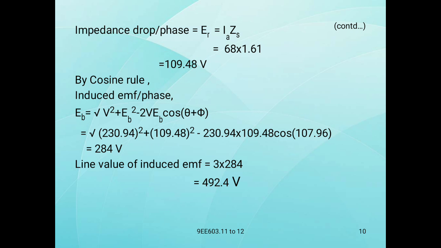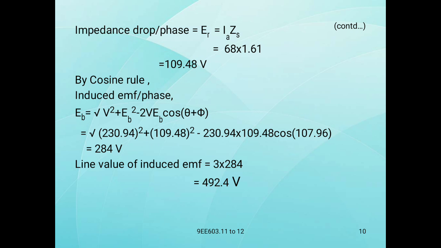So by applying the cosine rule, the induced EMF per phase is EB equal to the square root of V square plus ER square minus 2 V ER cos(theta plus phi).